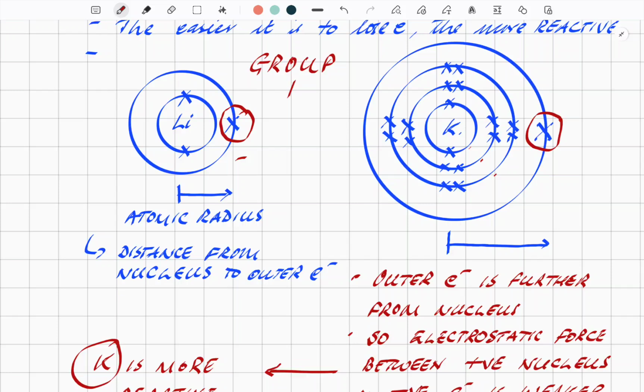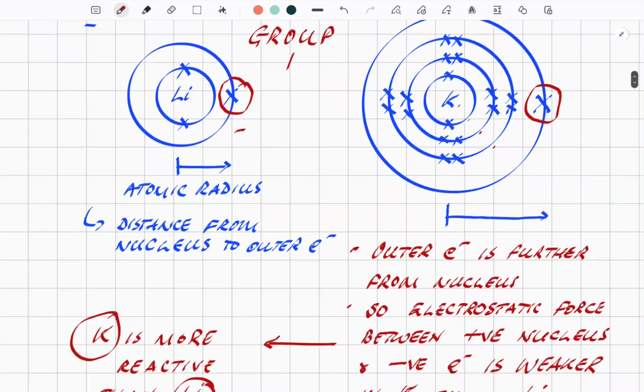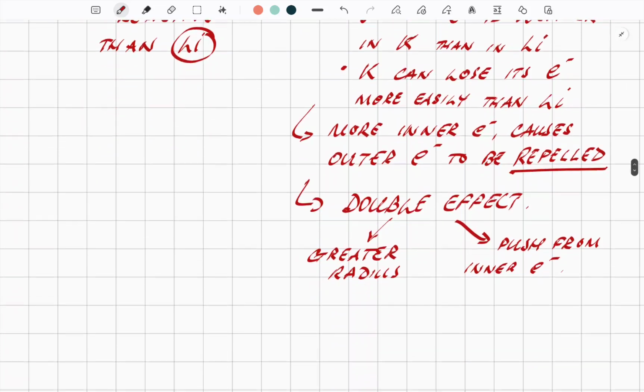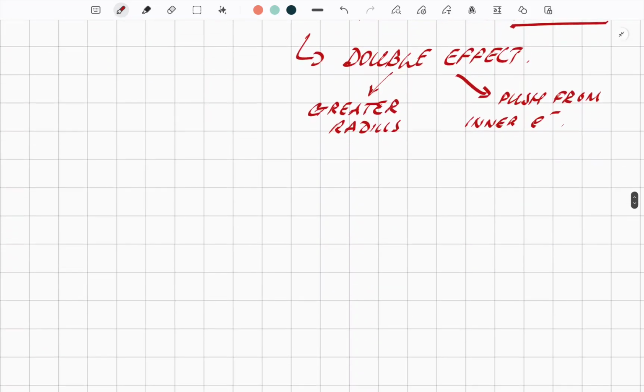In other words, interfering so the nucleus can't pull on it as tightly. So does that trend make sense? And so this whole thing is as you go down the periodic table. Let me just do a little rough sketch.